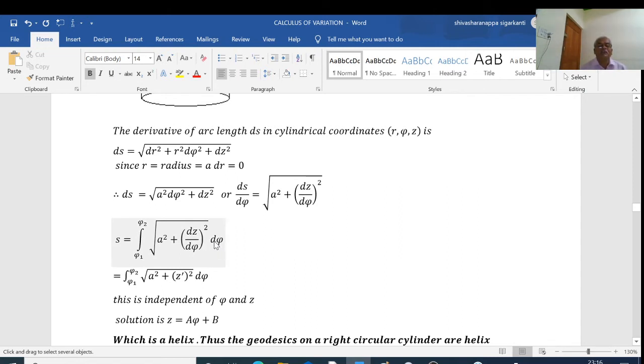That is, in place of x I have phi, in place of y I have z. This is nothing but root of a square plus z dash square d phi.